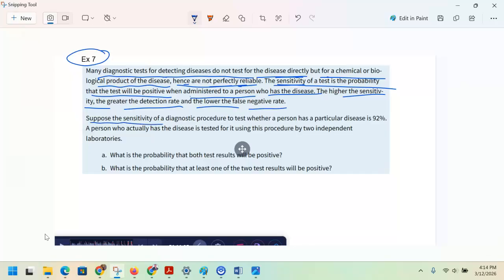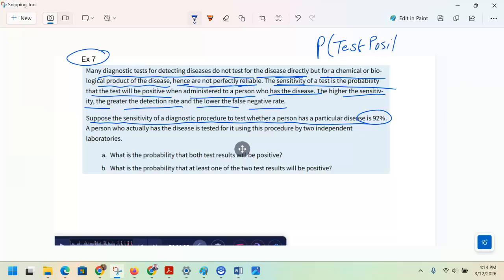Now, suppose the sensitivity of a diagnostic procedure to test whether a person has a particular disease is given to us as 92%. So that means when a person who has the disease is tested, the test is positive.